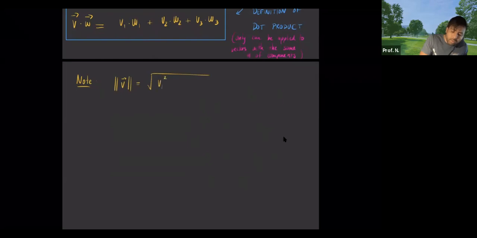It's V1 squared plus V2 squared plus dot dot dot Vn squared. But what is V1 squared? Isn't it V1 times V1 plus V2 times V2 plus dot dot dot Vn times Vn?